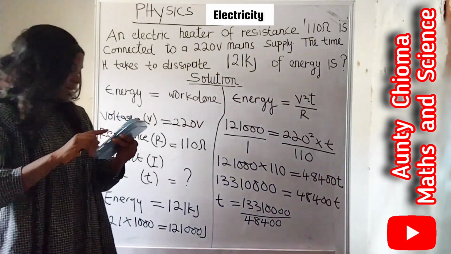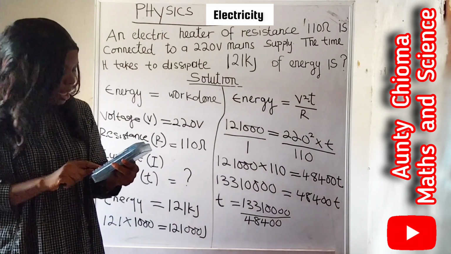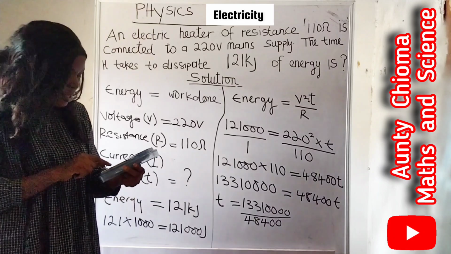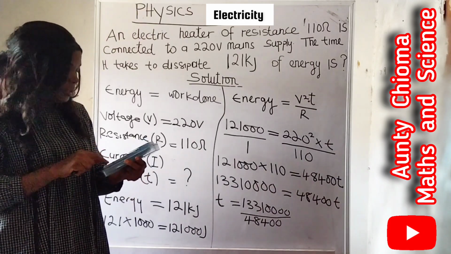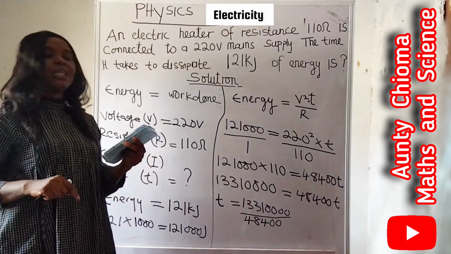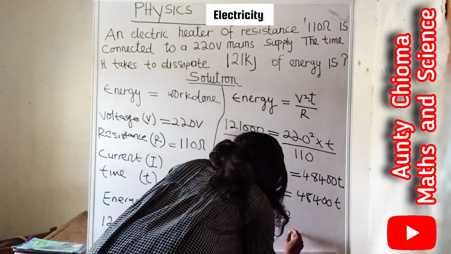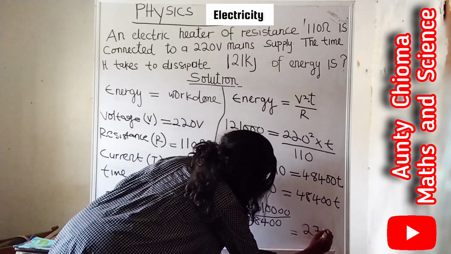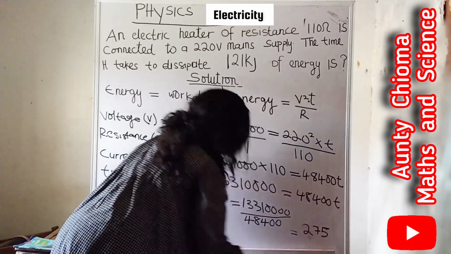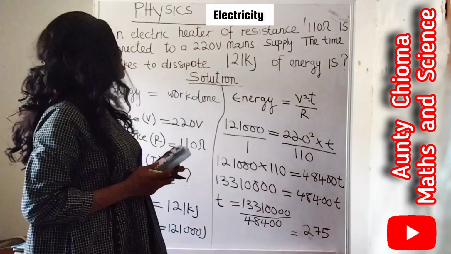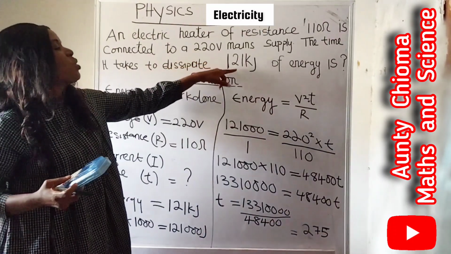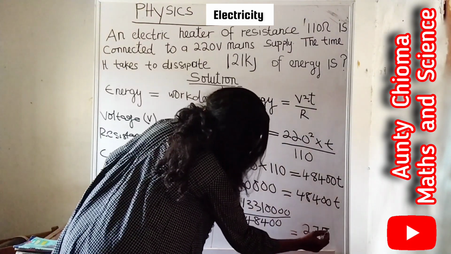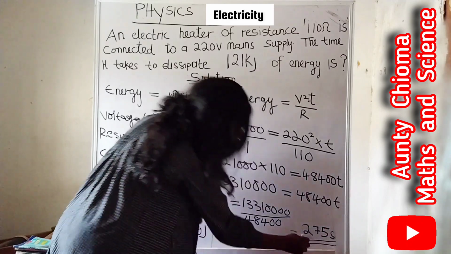Let's evaluate it first. 1331000 divided by 48400 will give us 275. So the time it takes to dissipate 121 kilojoule of energy in this electric heater is 275 seconds. And the measure is in seconds.